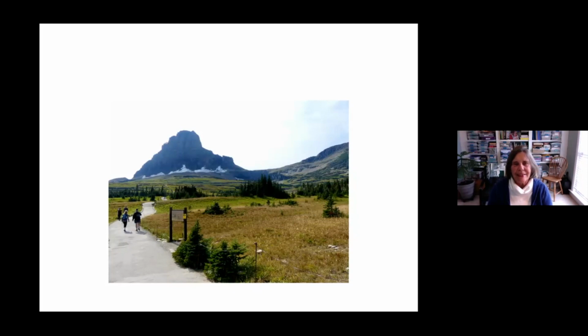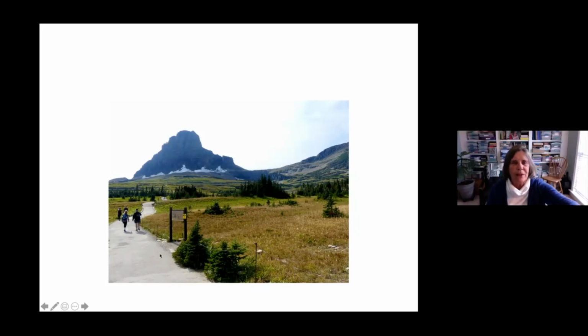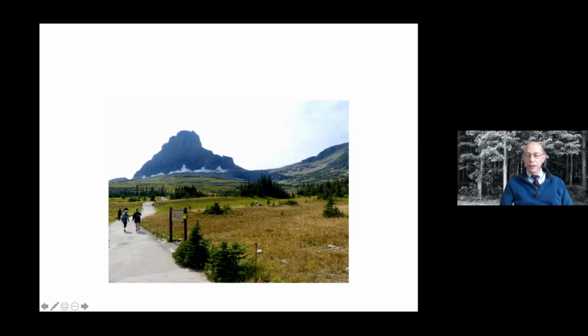I just like the scene. Okay, but what are the lines doing? It's getting narrower and narrower, and it's taking you up along the path. Okay, so it's giving direction to the viewer's eyes. Yes.